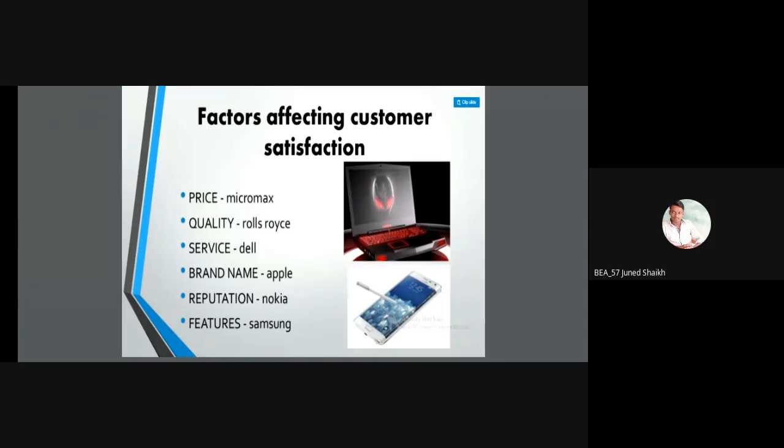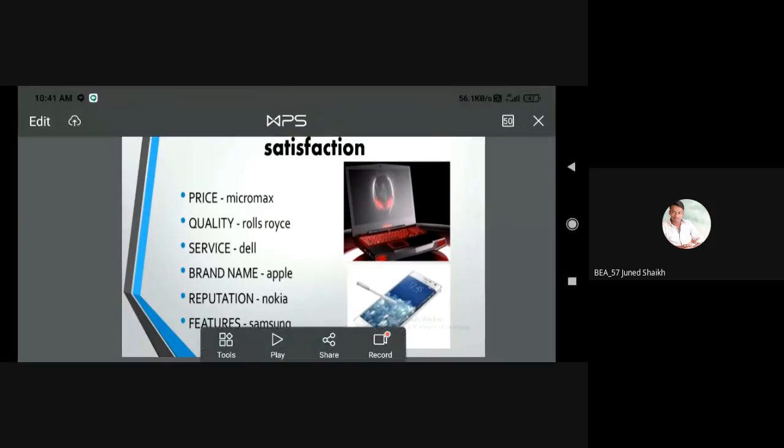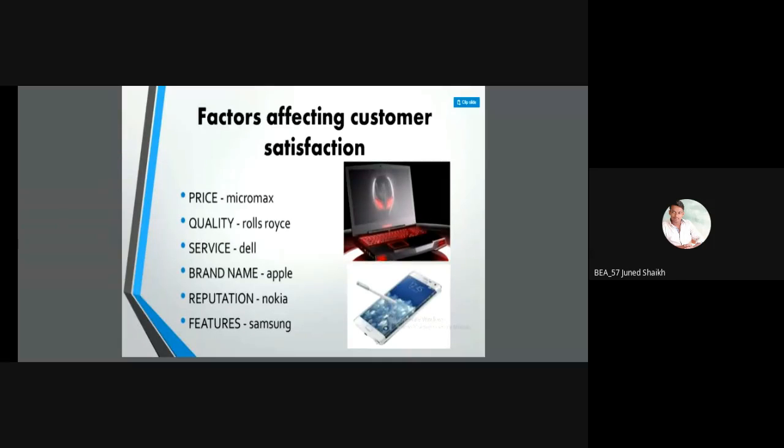So definitely when the brand is built, and whenever you give quality to that product, definitely the brand will be in the market. Okay, reputation. I think this slide is old. So reputation, Nokia. Before the last decade, we can say 10 years to 5 years ago, the reputation of Nokia was very good.